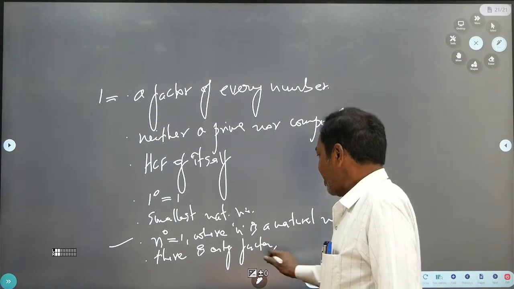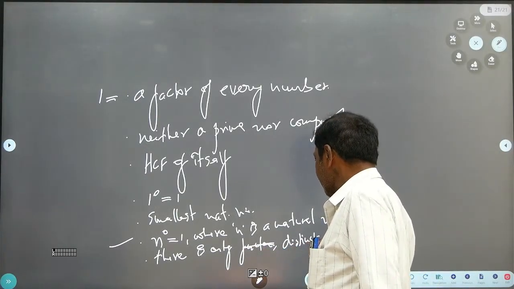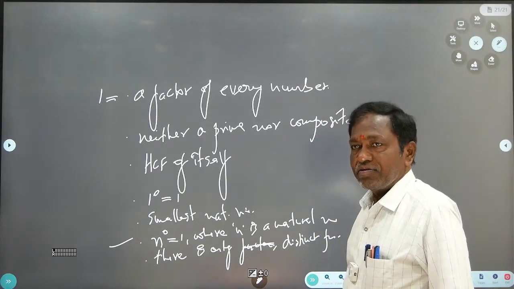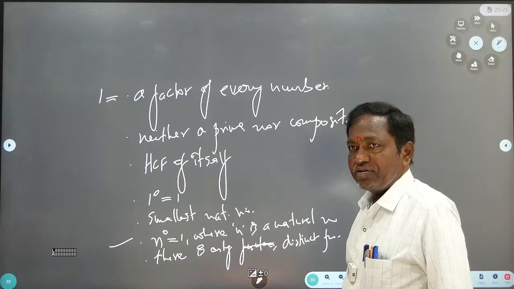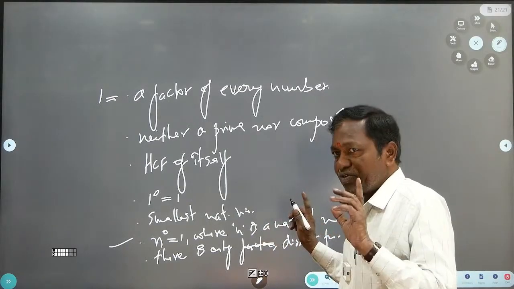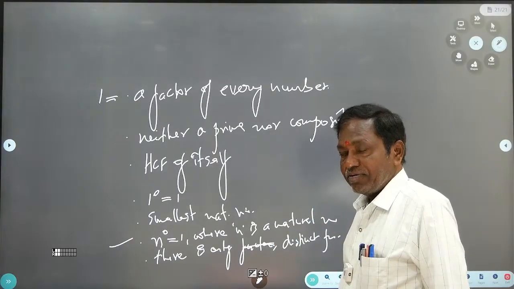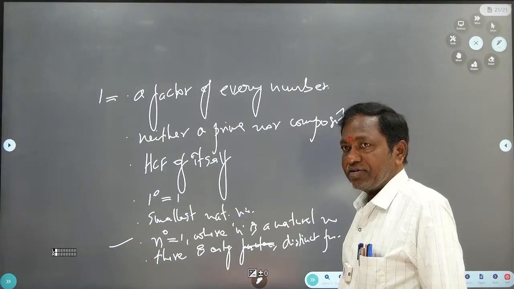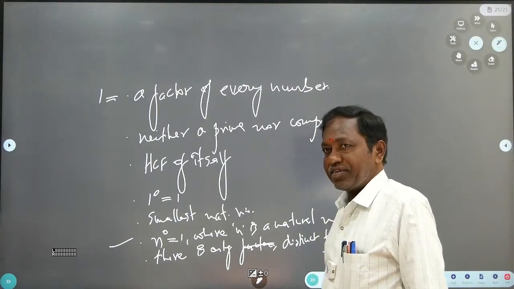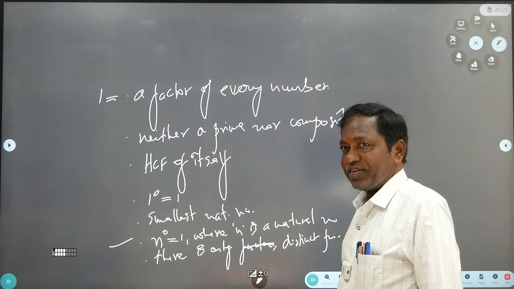Because 1 has only one distinct factor, we call 1 neither prime nor composite. We should keep it like that for our sake.